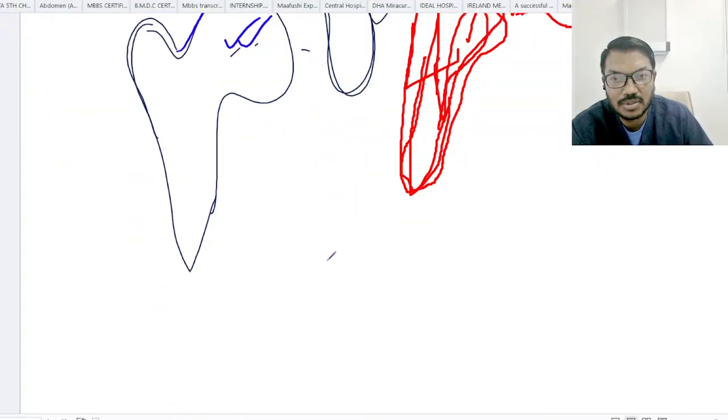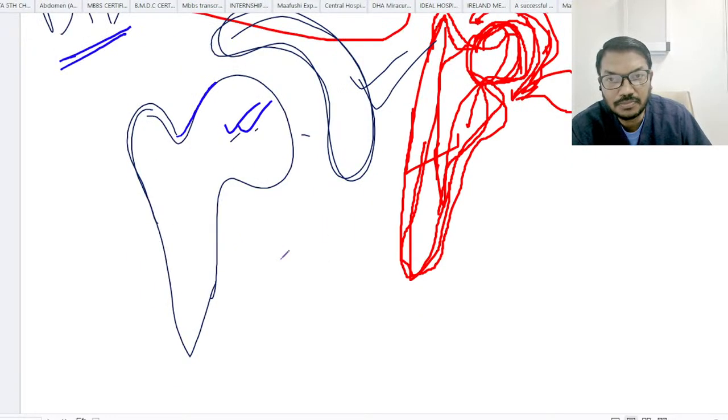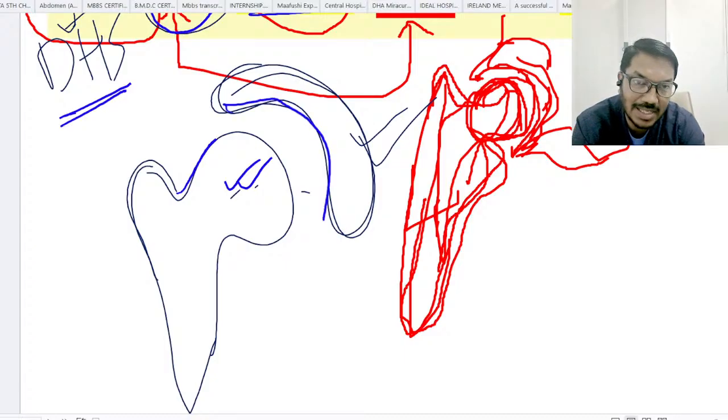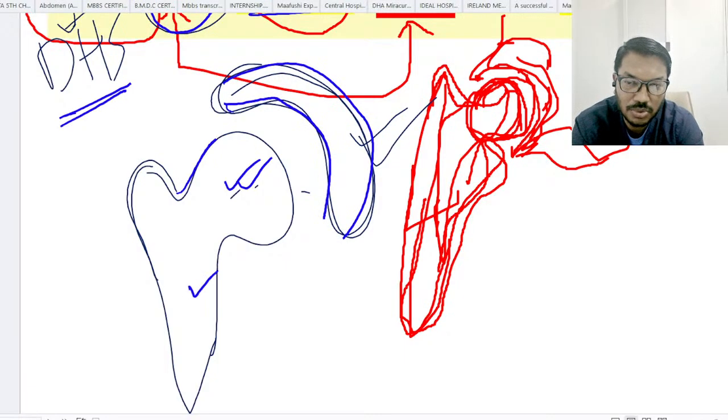The hip joint is actually a ball and socket type of joint. In the hip joint, this is the acetabulum or the socket, and this is the ball. In total hip replacement, we change both the femoral head and the acetabular cavity.